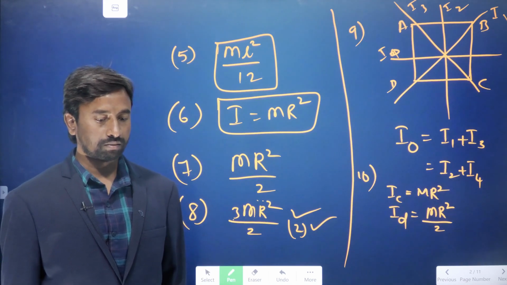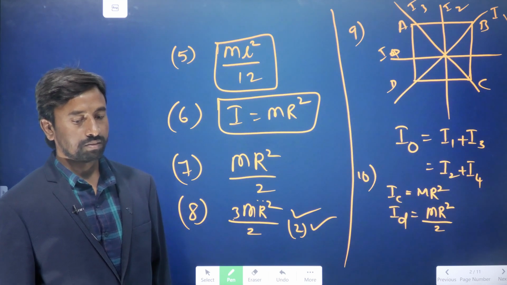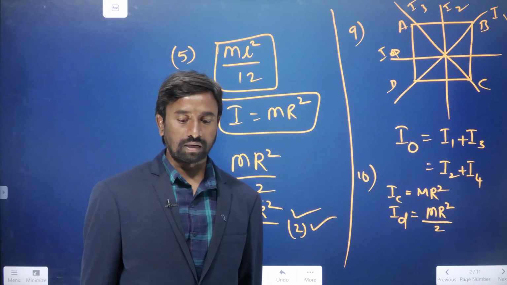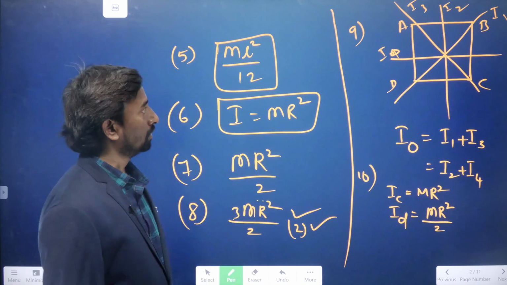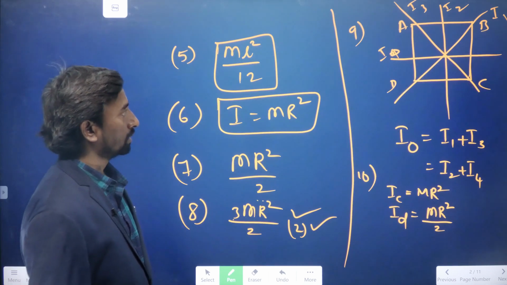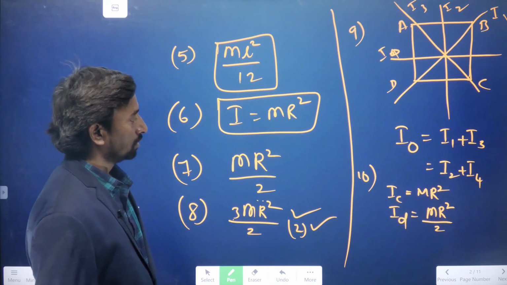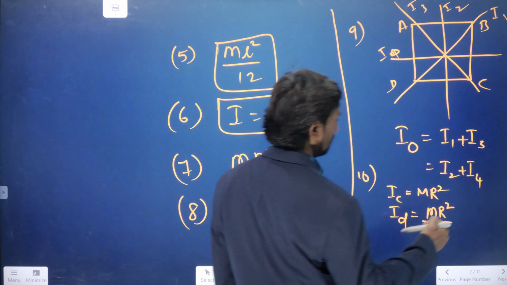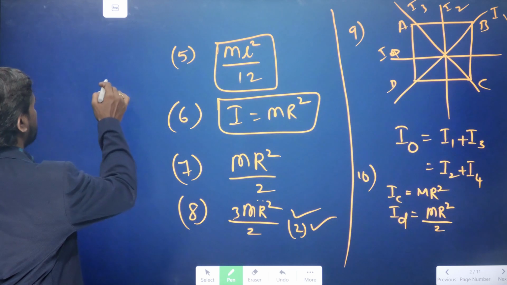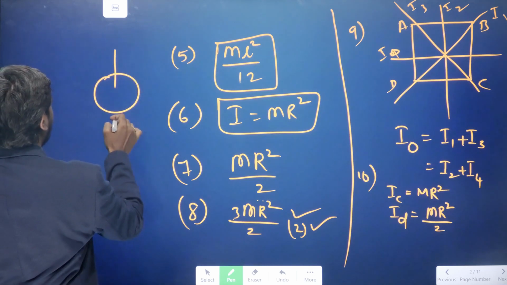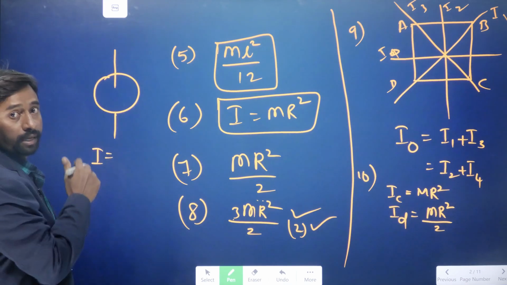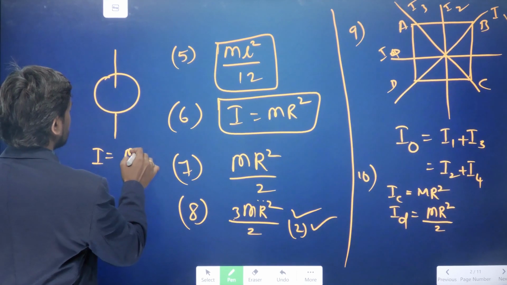The moment of inertia of the circular plate, which is nothing but the disk, about its diameter. Suppose it is a circular disc: the moment of inertia about the axis passing through its center perpendicular to the plane is mr square by 2.